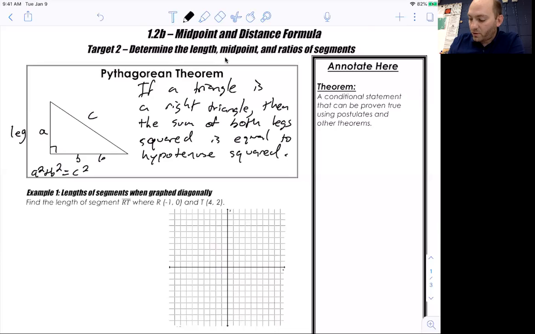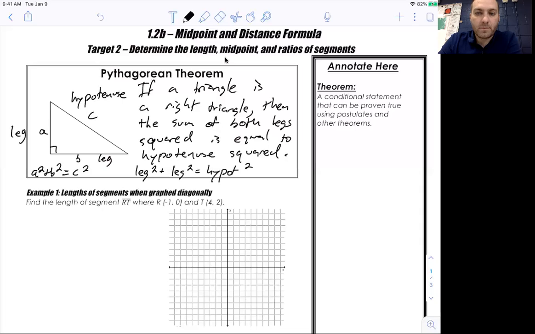In a right triangle, the legs are attached to that right angle. The longest side is what's called the hypotenuse. The shortcut for a lot of people is a squared plus b squared equals c squared, but I could also state this as leg squared plus leg squared equals hypotenuse squared.